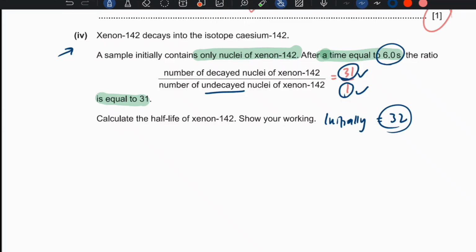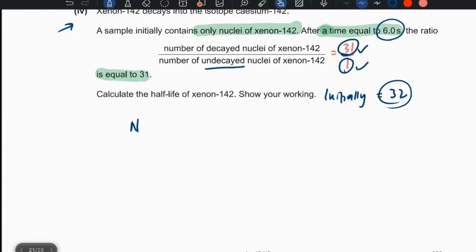So we have this formula, N equals N naught e to the negative lambda t. Lambda is your decay constant, t is your time, N naught is the initial number of nuclei, and N is the undecayed nuclei.